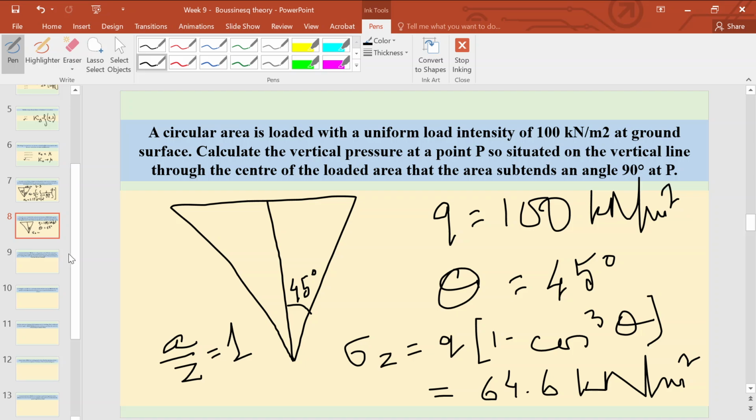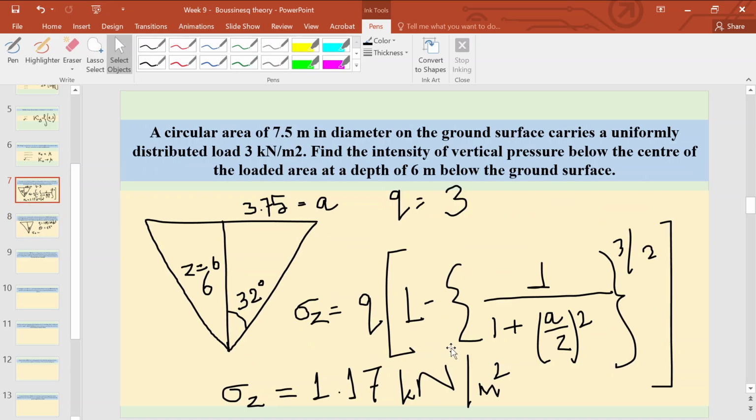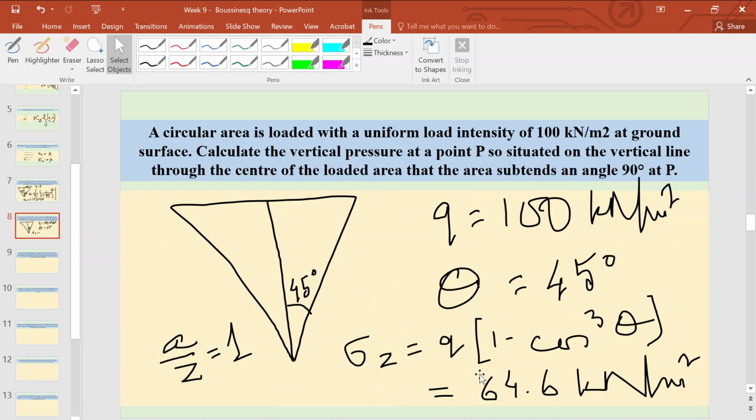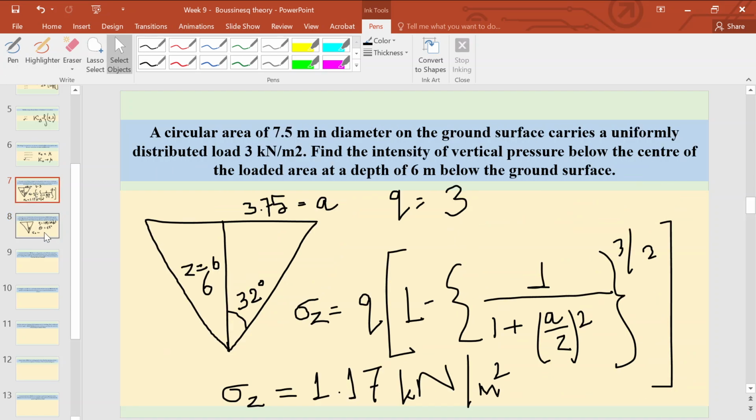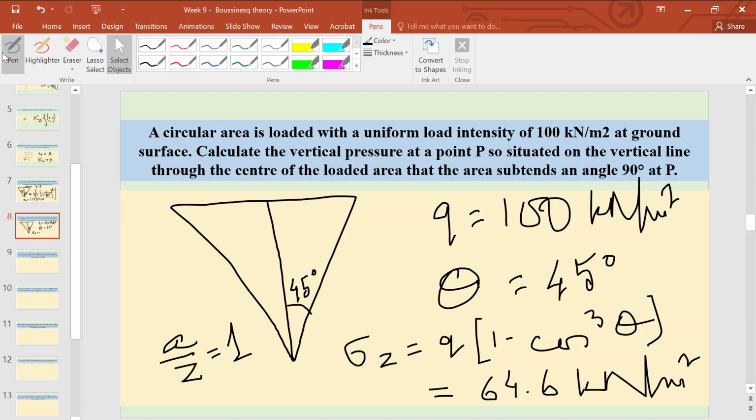Very good. So if you put A by z equals 1 over here, you can also solve it using this formula. Anyway, this formula reduces to this formula trigonometrically, isn't it? I think you are aware of that. Yeah. So there is no issue. Any one will be accepted. It is not looking like in this diagram that A by Z equals 1, but again, just excuse the drawing.